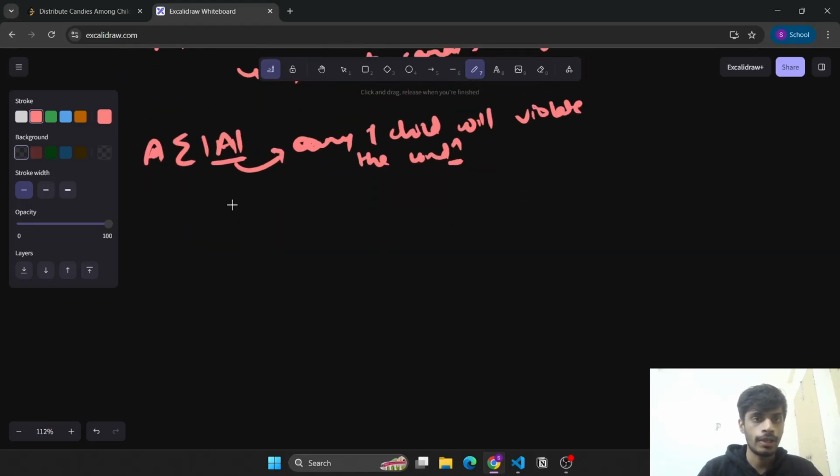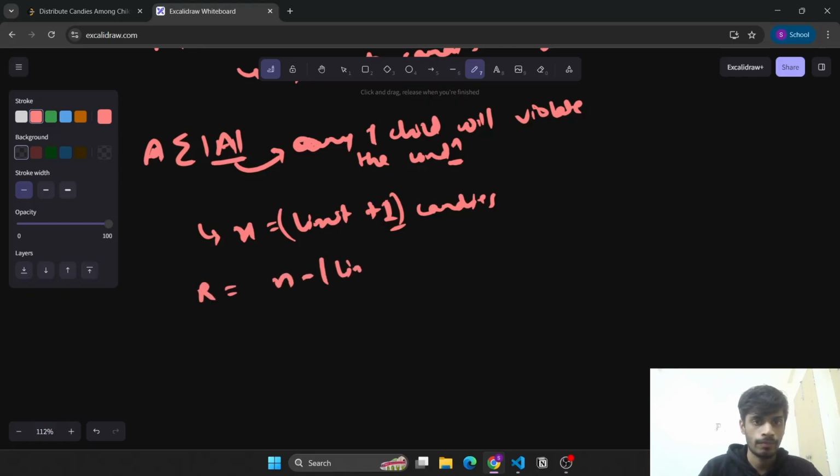So to violate the condition, we'll give the first child limit plus one candies, right? So if we give the first child limit plus one candies, then the first child has violated the condition. So remaining would be n minus (limit plus one) candies, right?